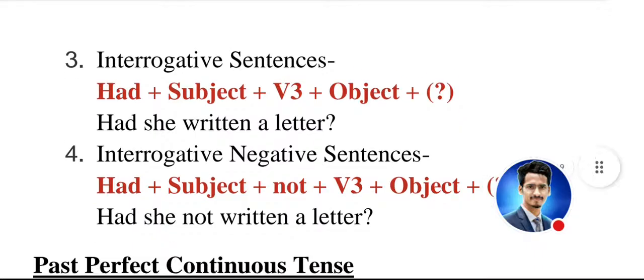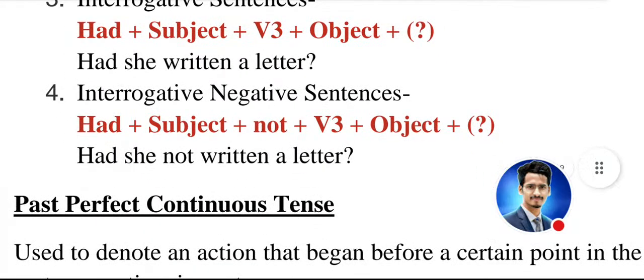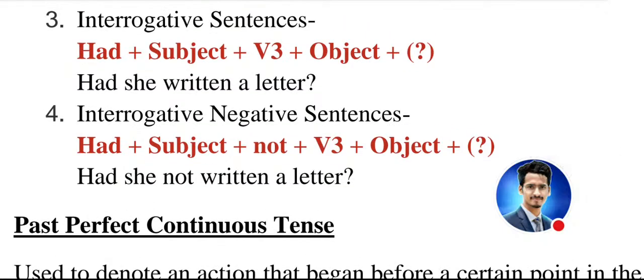Interrogative negative, for interrogative I am using had first, for negative I am using not. This is very simple. If anyone asks you to make interrogative, just add the auxiliary first. If anyone asks you to make a negative, just add not with the auxiliary verb in that sentence.